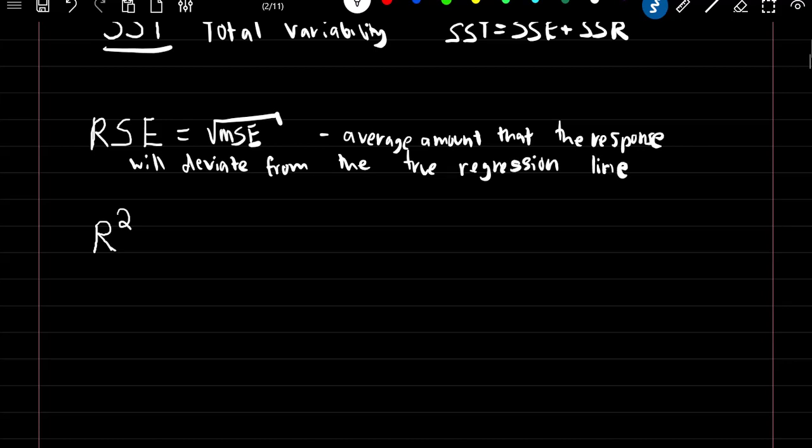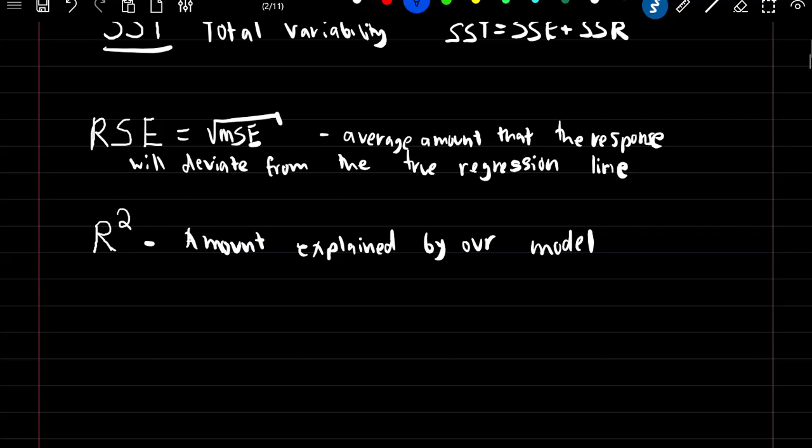Or we can use R squared, which is the percentage of variability explained by our model. So our goal is to minimize the residual standard error and to increase the value of R squared.